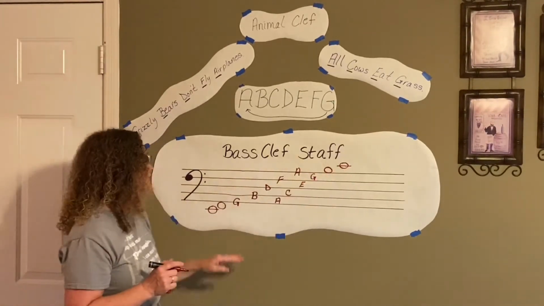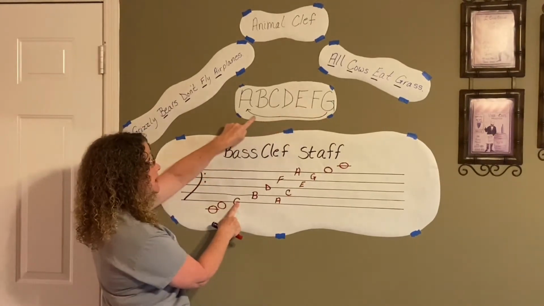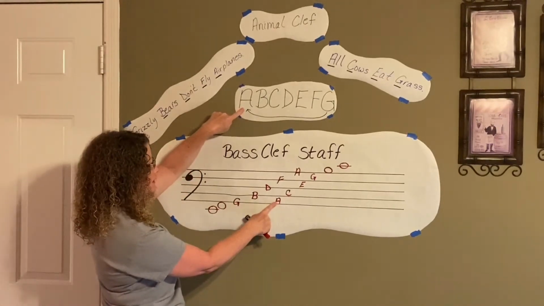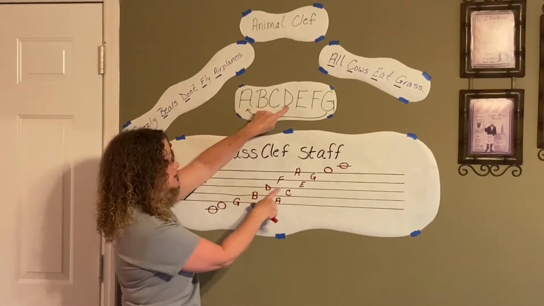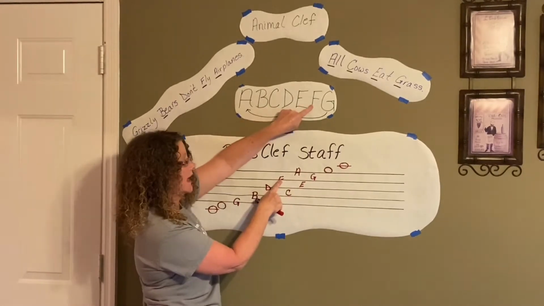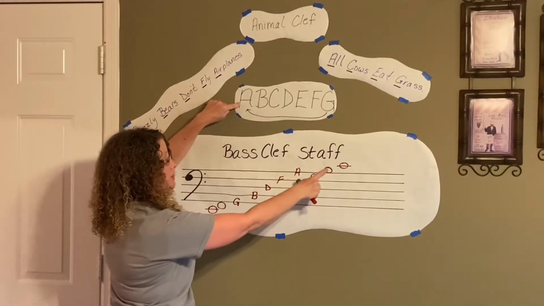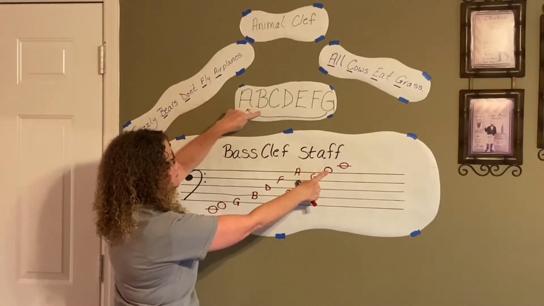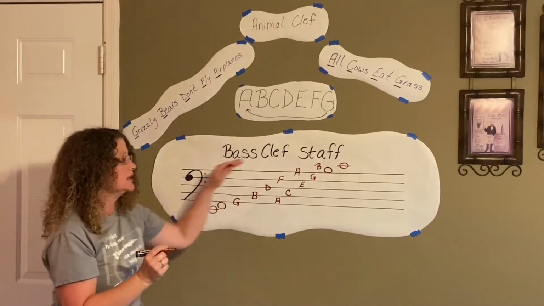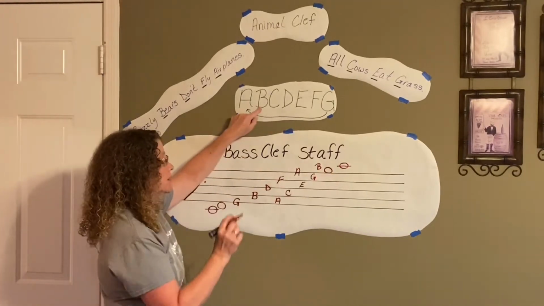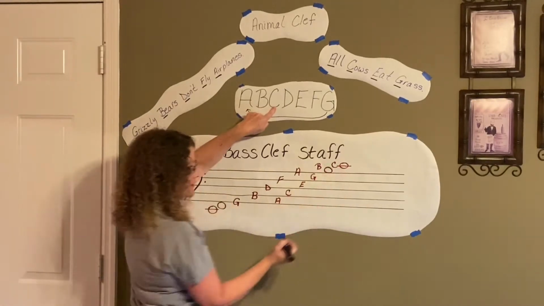If G is line 1, we start on G. Then the next one must be A, and sure enough, space 1 is A. Go up to line 2, B, space 2, C, line 3 D, space 3 E, line 4 F, space 4 G, line 5 A, and then boys and girls, that first step above the staff, we keep going, is B. That first space above the staff in the bass clef is pitch B. From B, we continue up one more step onto a line, and that is pitch C.